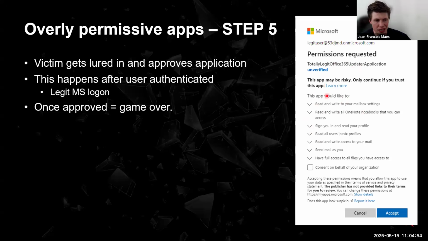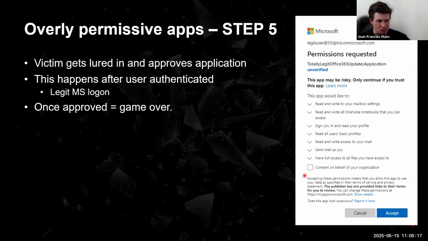And the clue is here, right? The culprit is this right here, the access that the actual application is trying to get. So if you read all of this, you can see, okay, this application tries to get a lot of data. Unfortunately, a lot of users don't read all of this, right?